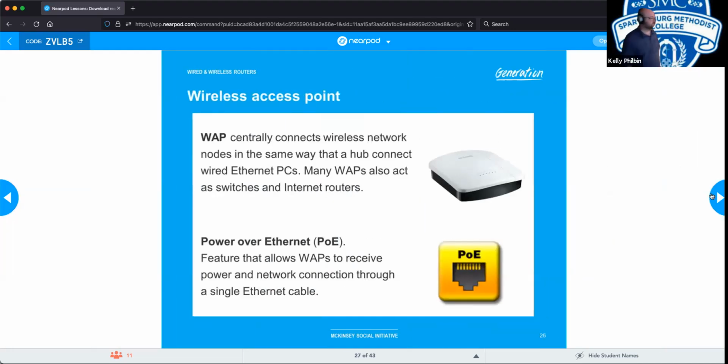All right, now WAP, here we go. Wireless access point. If you've ever been to public buildings, you may see little devices that look like this, pushed up into the drop ceiling about every 50 feet or so. This is used so that everybody can share free Wi-Fi or log in with their credentials. This is an enterprise version of a wireless access point.